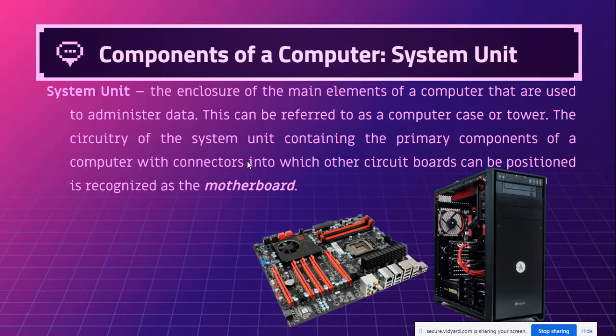So the motherboard is like the brain of a computer, because without it the computer will not function well. It is the main unit that makes it work because it consists of the circuitry of the system which makes it turn on and show the display that we can see.